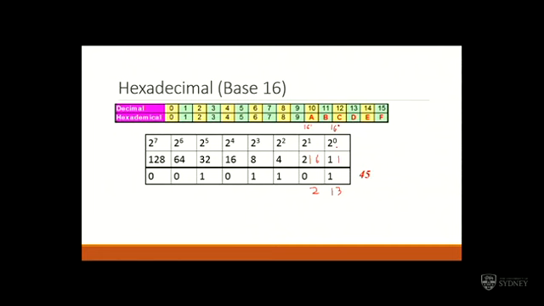However, once we start dealing with bases that are larger than 10, we have to expand our vocabulary. So in this case, we use alphabetic characters. So 10 is instead represented by an A, 11 by a B, 12 by a C.